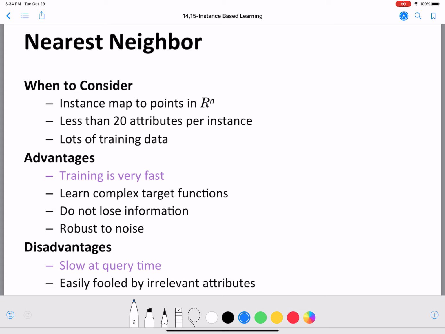And if there is an attribute that does not help in your prediction problem but still exists, your KNN is going to use that and predict poorly at test time, and those attributes which don't really contribute are harder to detect and avoid in KNNs.